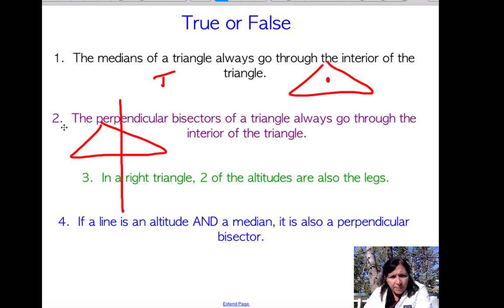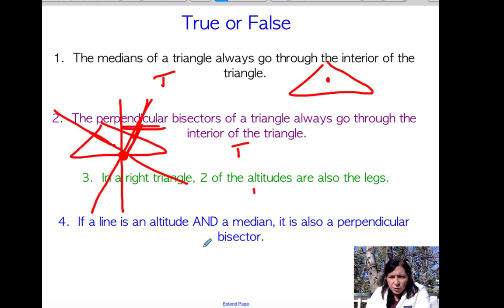Actually it says they always go through the interior. At some point they do go through the interior, right? It didn't ask me for the circumcenter. It did say the bisector. So I would say they all do go through the inside.